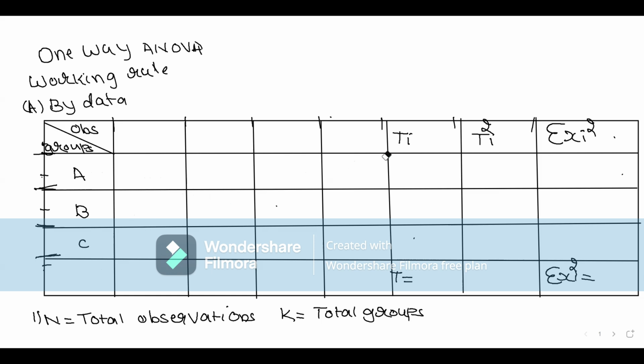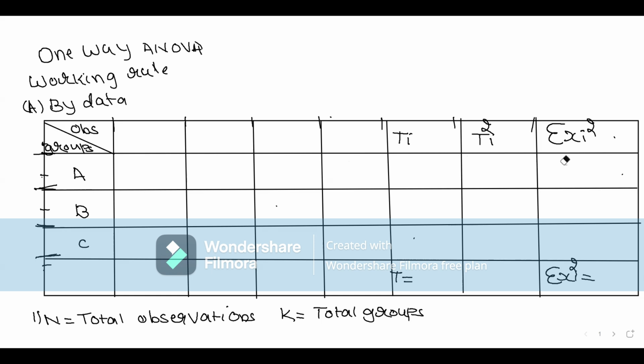Now, after that, look here. You add these observations, and that is the Ti value. Then take the Ti square of this value. Then take the square of this, plus square of this, plus square of this, plus square of this, and add them.